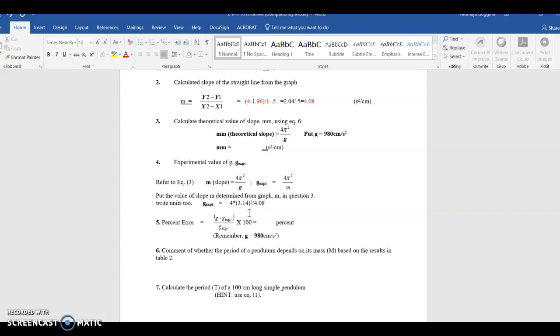Okay, so when I calculate that, that's going to be 9.66 meters per second squared.